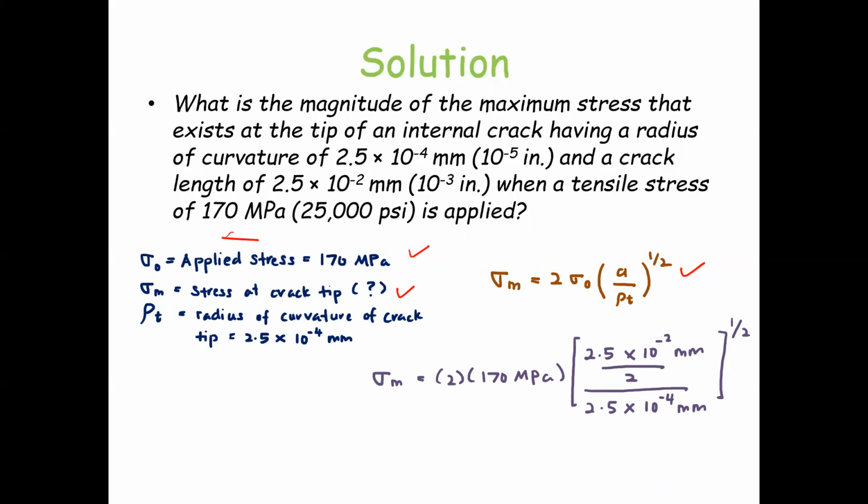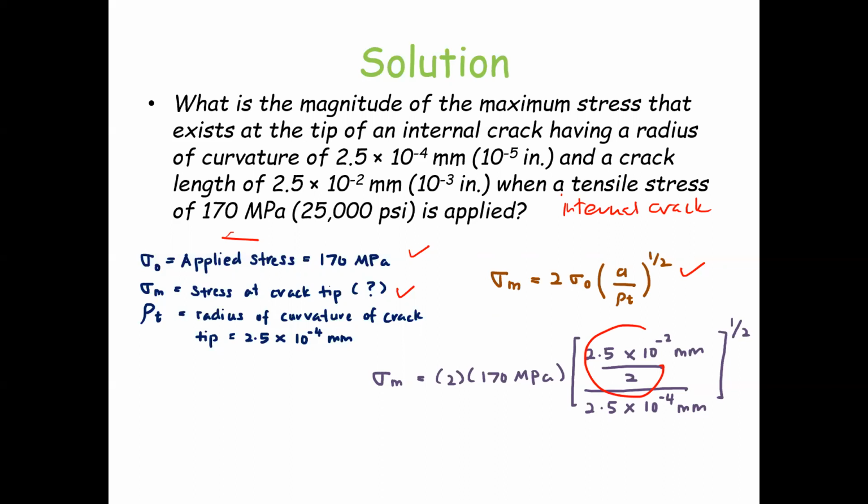Why is this value divided by 2? Because we deal with an internal crack, so we have to divide the value by 2. If the crack is external or on the surface of the material, we can directly use the value without having to divide it by 2.